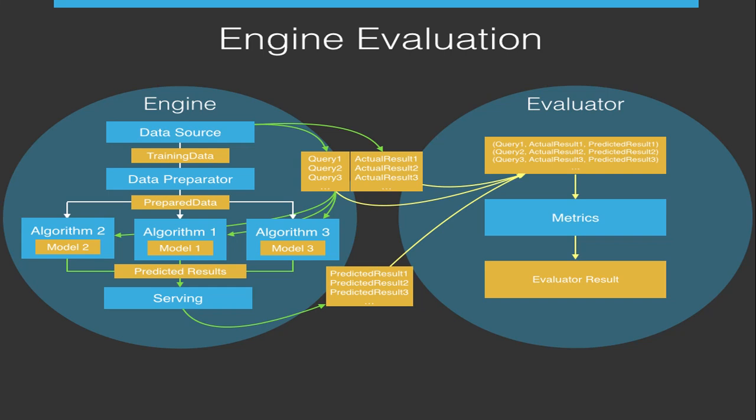Serving: we have query 1, query 2, query 3, actual result 1, actual result 2, actual result 3.